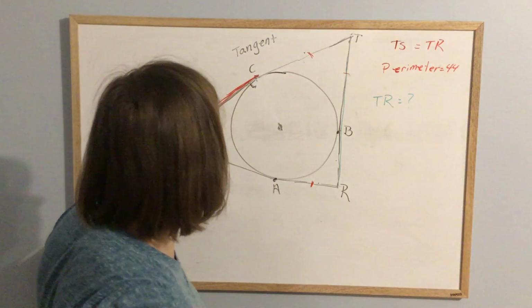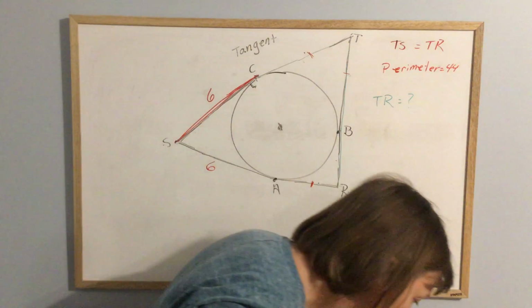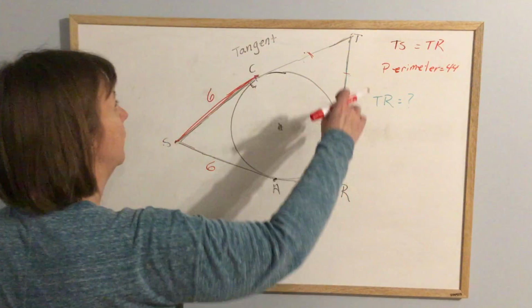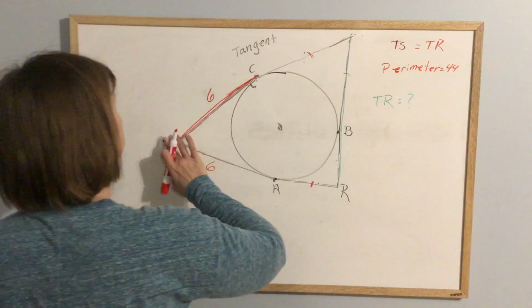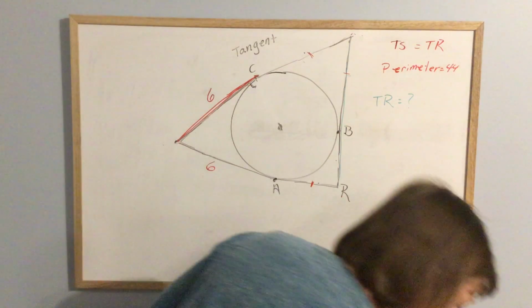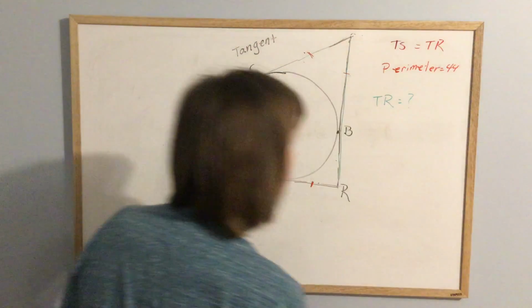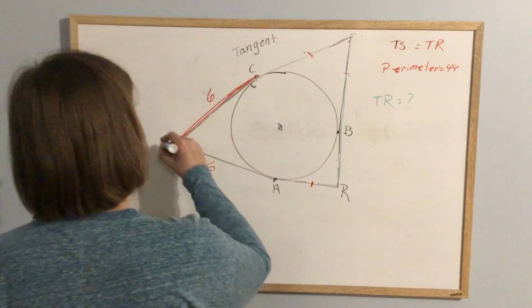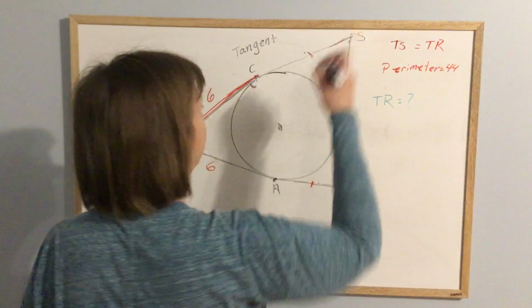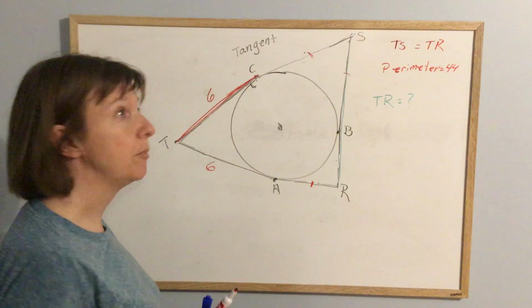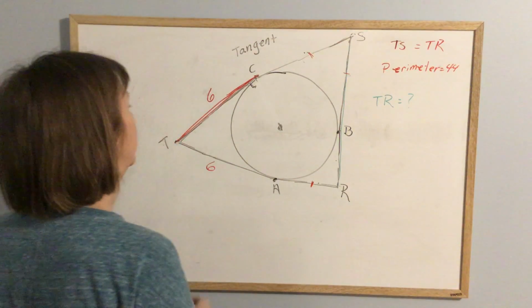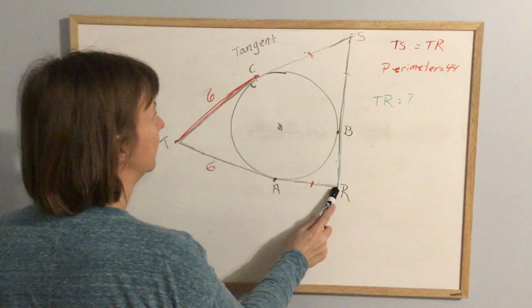Yeah, TC, oh, I have my things labeled wrong, no wonder. Okay, let me label my stuff right. I just had those two mixed up, no wonder. T and S, that makes more sense. Now it makes sense. So we know that TS equals TR.